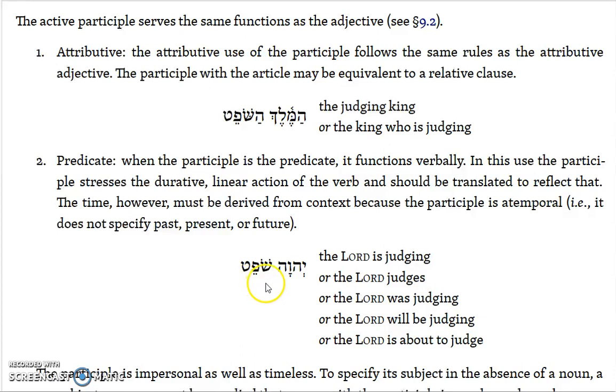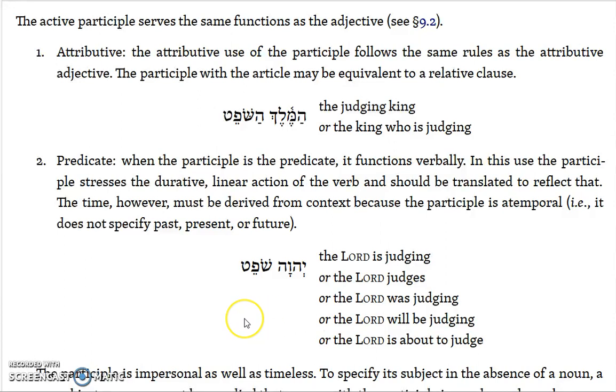And in this kind of construction, Shofet is functioning almost like a present tense verb. In fact, if you go to modern Hebrew, it simply is treated as a present tense verb. So this could mean that the Lord is a judge, or the Lord is judging, or the Lord judges, or it could be past tense, the Lord was judging, or it could be future tense, the Lord will judge, or the Lord is about to judge.